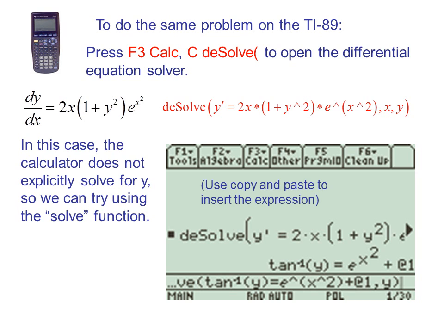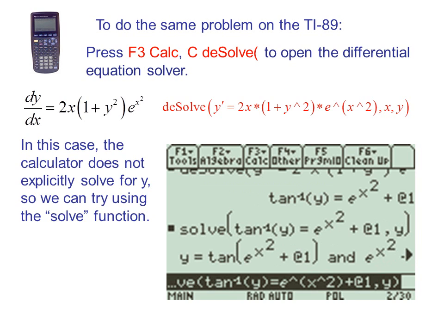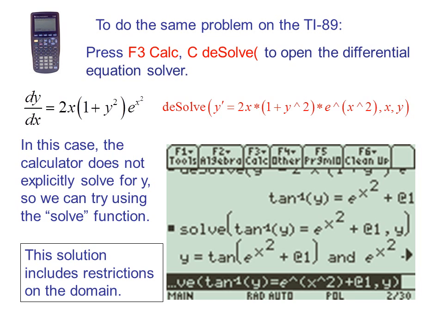Use copy and paste to insert the expression into the solve command and solve for y. We get y equals tangent e to the x squared plus a constant, and this solution includes restrictions on the domain.